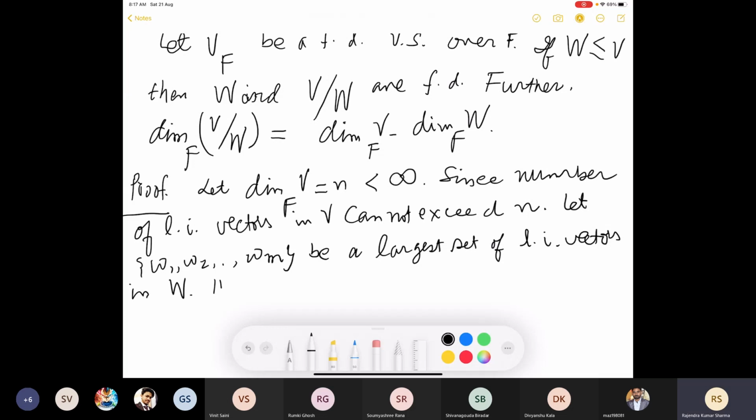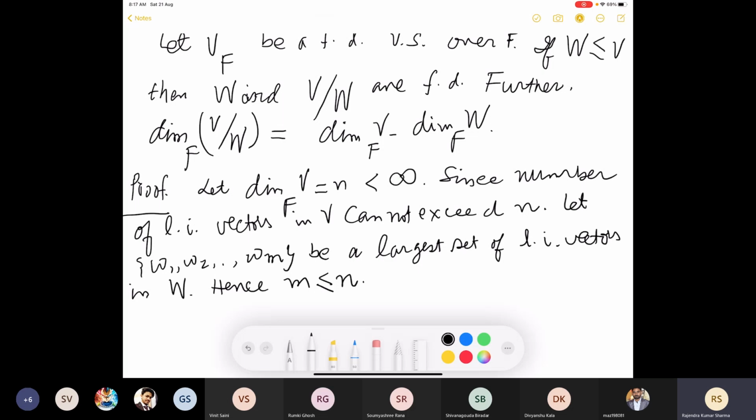And therefore, this number m cannot exceed n. So we have got a linearly independent set of vectors in W, which are m in number, namely W1, W2, Wm.